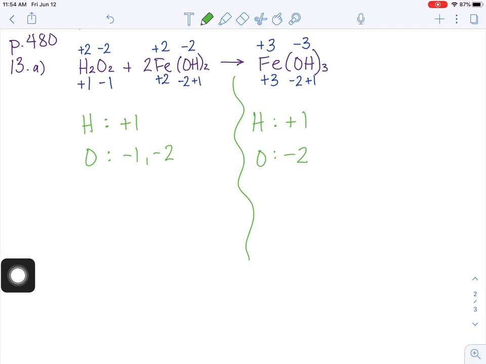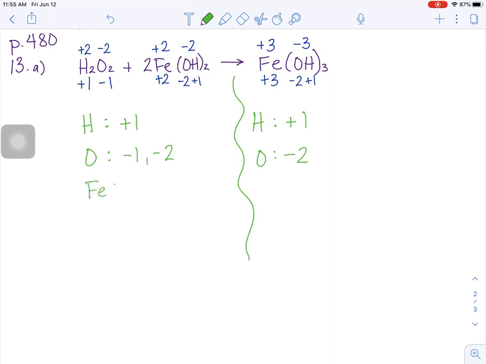So what this means is any of the oxygens that came from iron 2 hydroxide remain the same, but any of the oxygens that came from hydrogen peroxide have actually changed their oxidation numbers in the products. So that right there tells us that we have a redox reaction because we have had a shifting in where the electrons are found, how close they are to each atom.